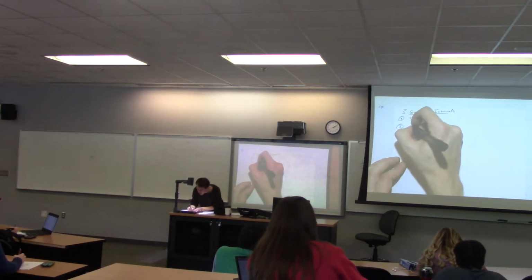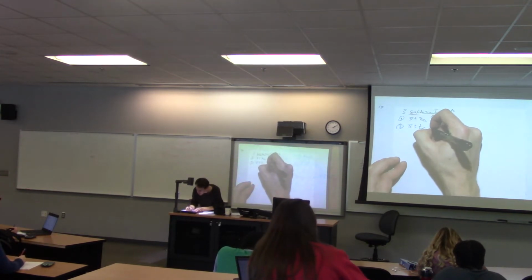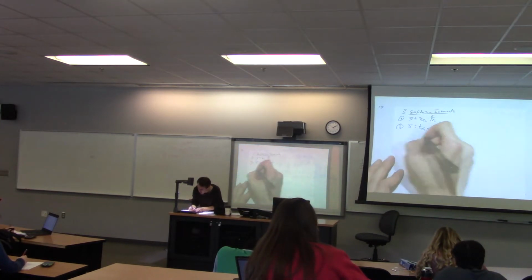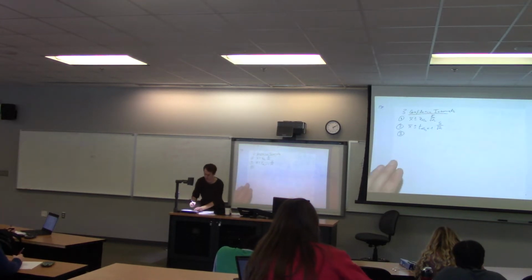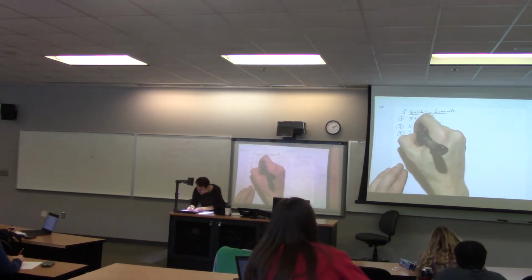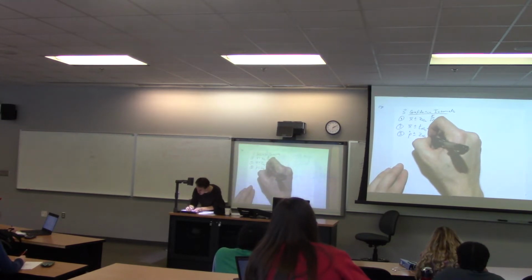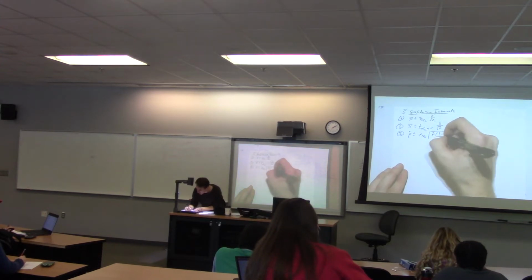We've got the T confidence interval for a mean. T alpha over 2, n minus 1, times s over the square root of n. And then the third is the confidence interval for a proportion. This is p hat plus or minus z alpha over 2 times the square root of p hat times 1 minus p hat over n.